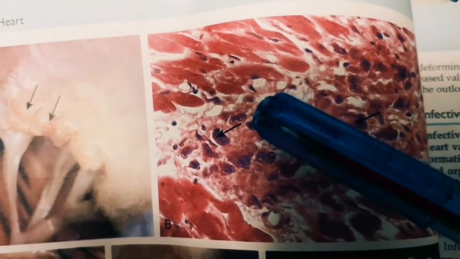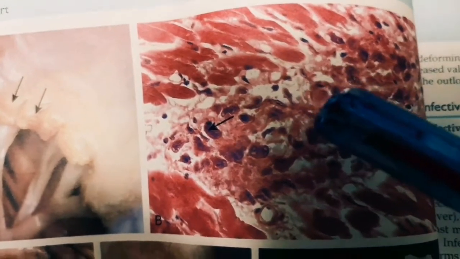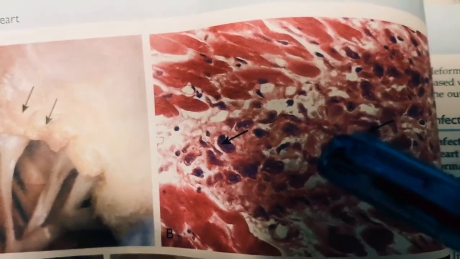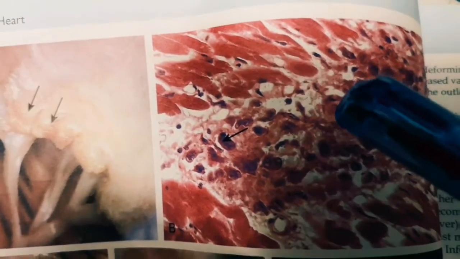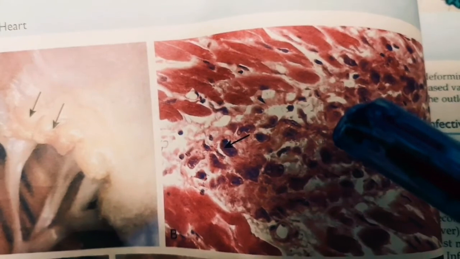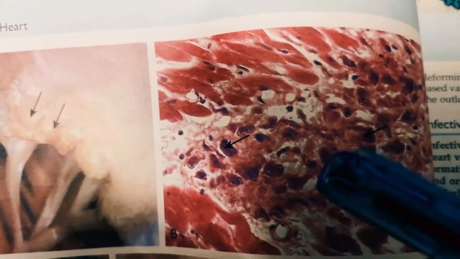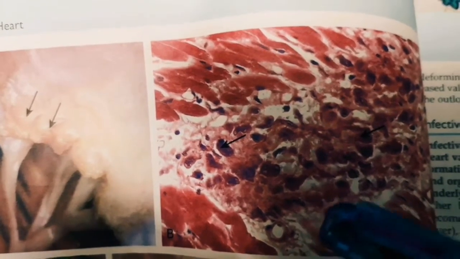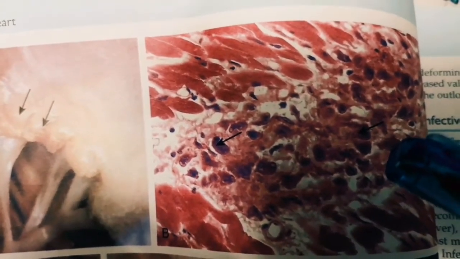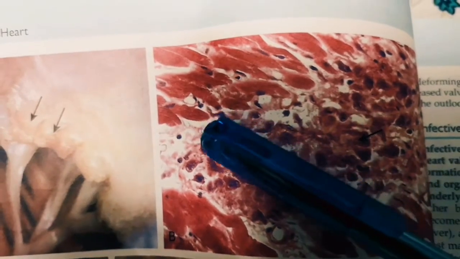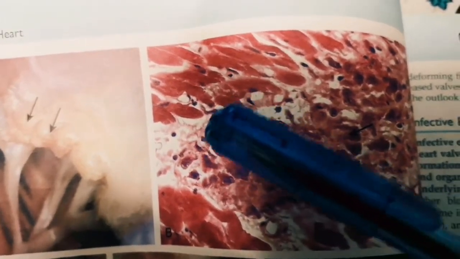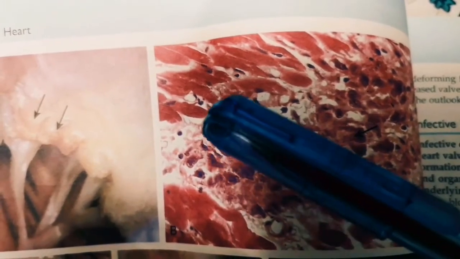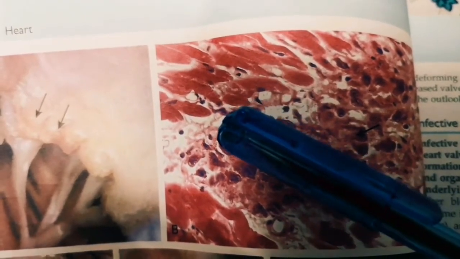There is a central area of necrosis associated with a circumscribed collection of mononuclear inflammatory cells, activated macrophages, prominent nuclei of activated macrophages, and central wavy caterpillar chromatin. Here you can see the arrow. This is a macrophage with prominent nuclei and central wavy caterpillar chromatin.